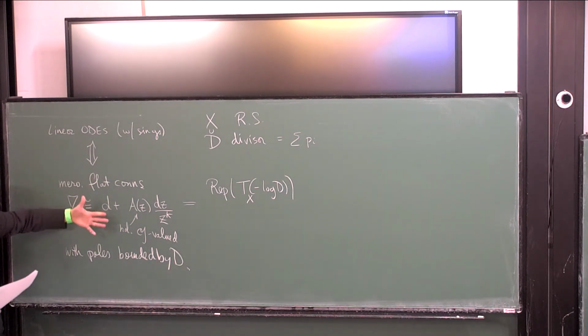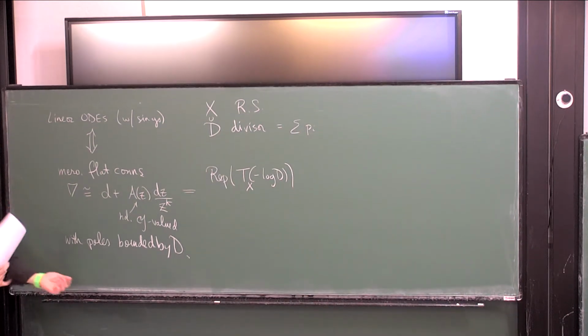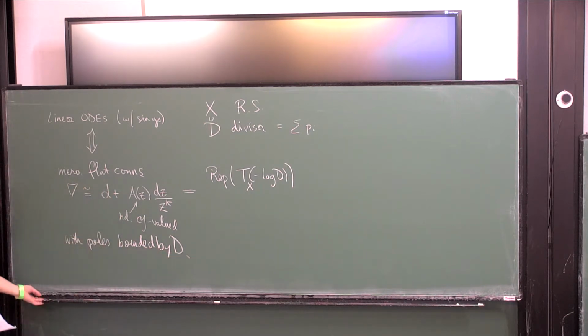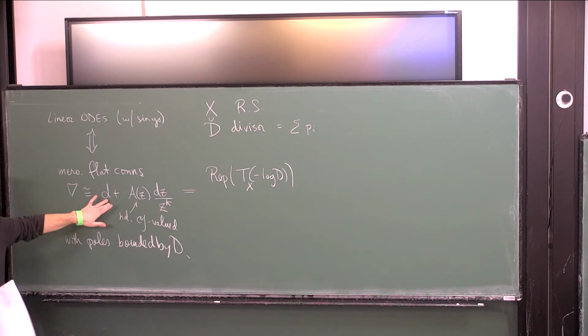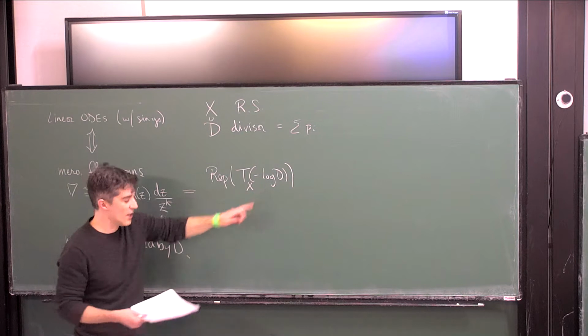So this is something that we encounter all the time. Linear ordinary differential equations, systems of them with poles along a divisor on a Riemann surface. And these things have a representation theoretic explanation or incarnation as representations of this object.